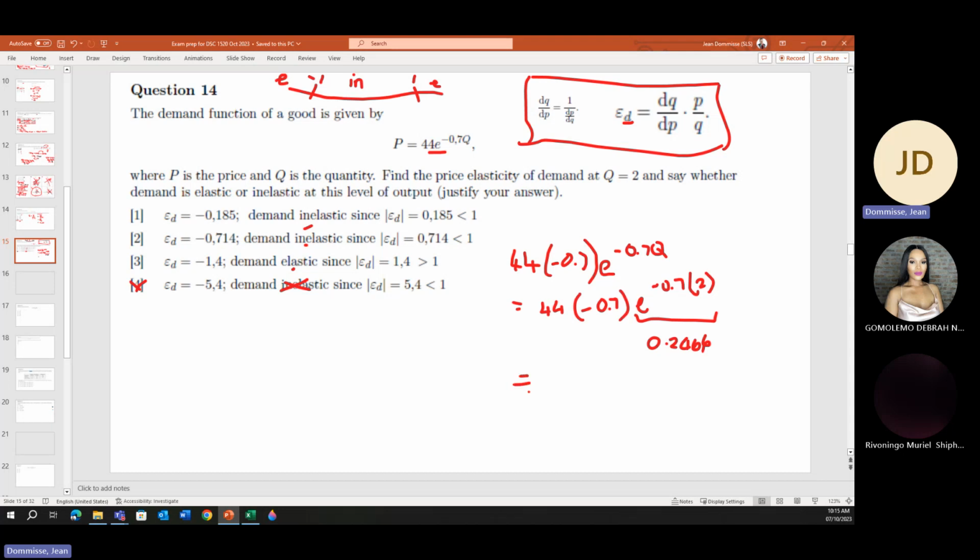And then if I multiply by the rest, my final answer is minus 7.5952. Okay, so we are still on that first component, so let's look at what the next steps are.